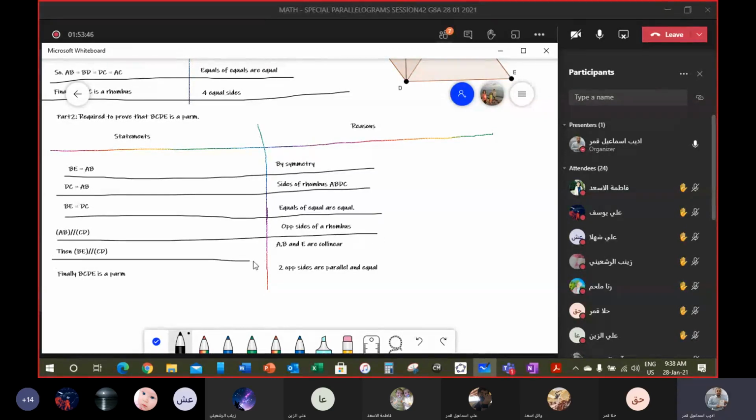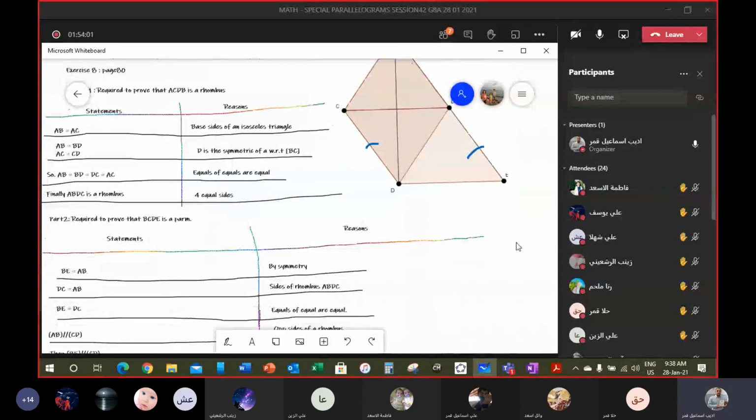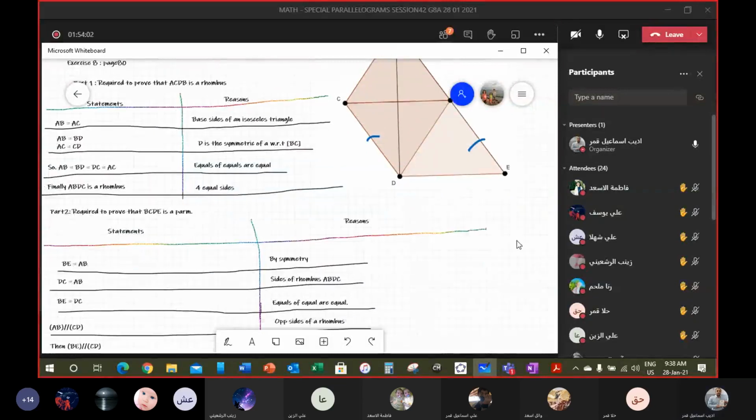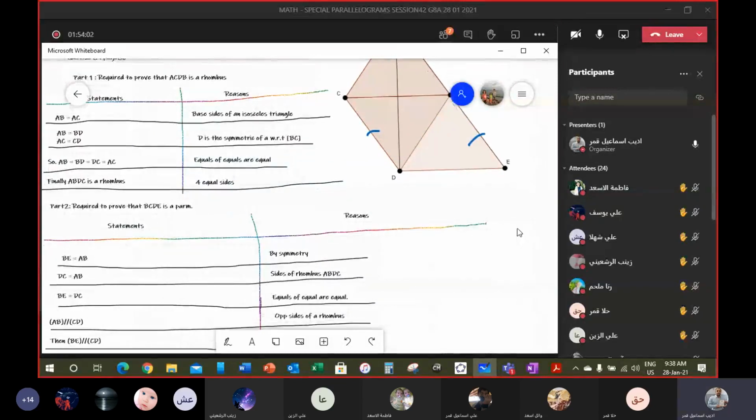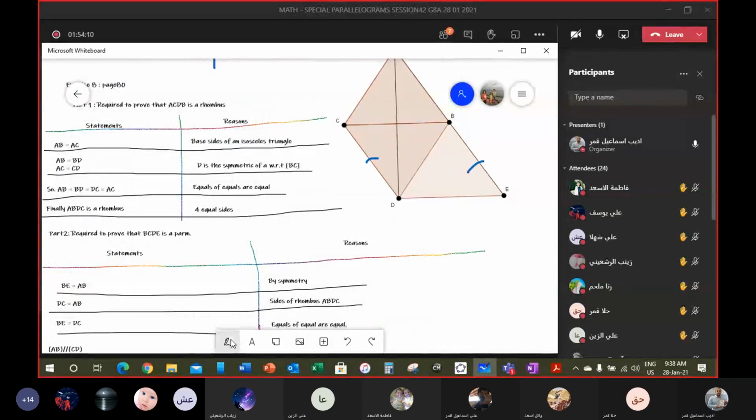Okay, we have in the figure, as Hala said, BE equal to AB.